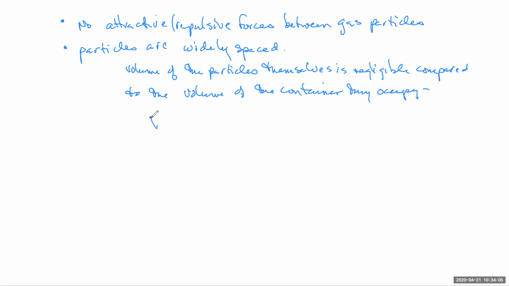Therefore, we're going to say that the volume of the gas is equal to the volume of the container. Now, that wouldn't necessarily always be true, but we're going to assume that's true.